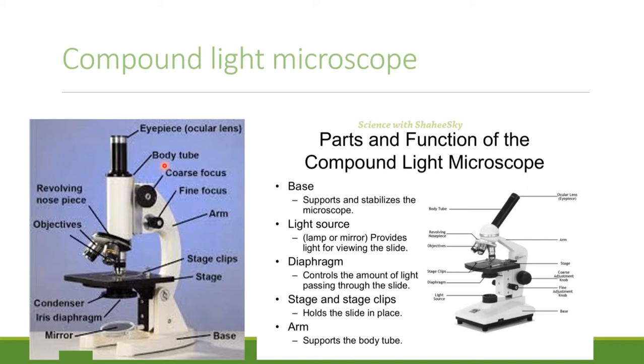The body tube connects the nosepiece and eyepiece. Coarse and fine adjustments are used to move the objectives up and down. While we are using the low power objective, we can use coarse focus, and in the other two powers we can use fine focus.